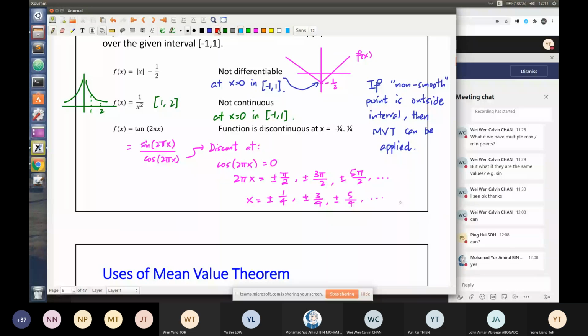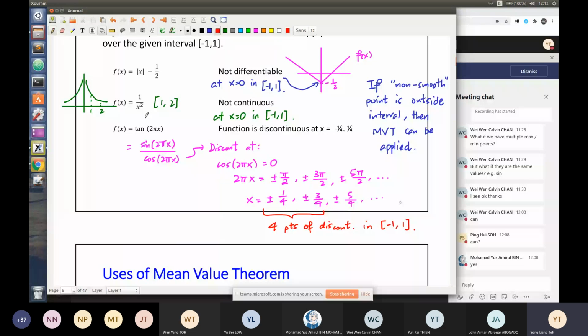Let me put a note here, on this part: 4 points of discontinuity inside minus 1, 1. Observe that. So clearly you cannot apply MVT over minus 1 to 1 for the tangent 2 pi x.